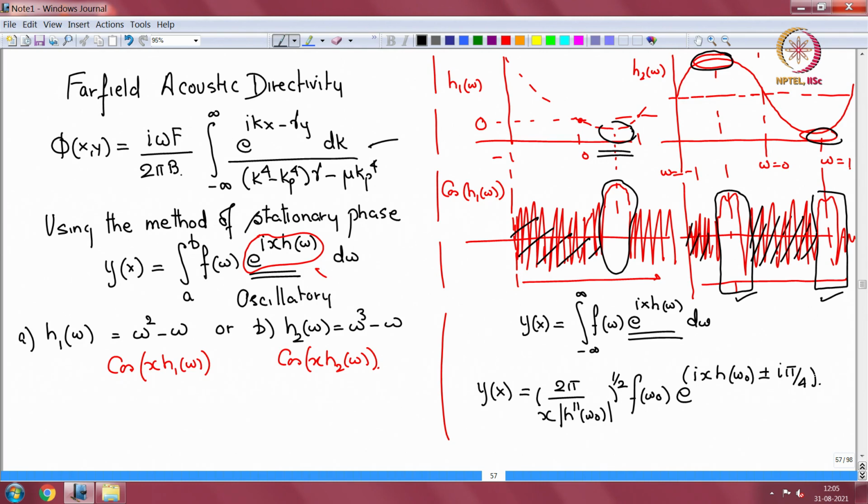The plus or minus is chosen depending on whether it's a maxima or a minima. So this is the answer. There is no more integral.